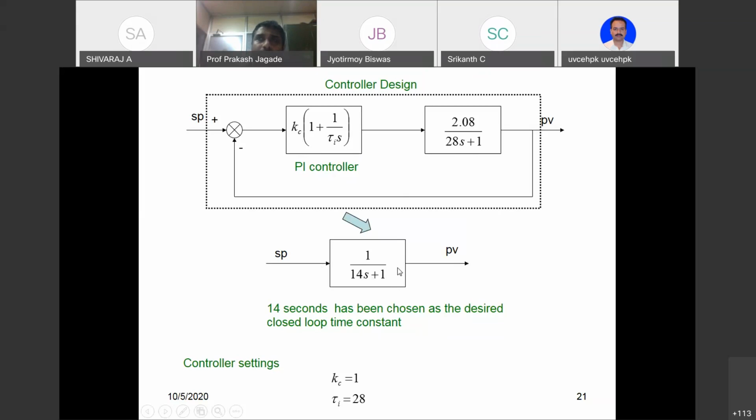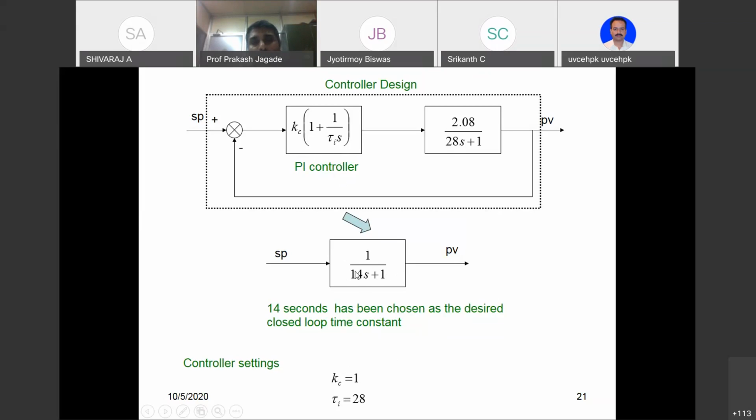That is nothing but the transfer function relating PV and the set point. If you do a block diagram reduction of this, you will get this. So in order to achieve 1 by 14 s plus 1, we have set Kc as 1 and tau I equal to 28.